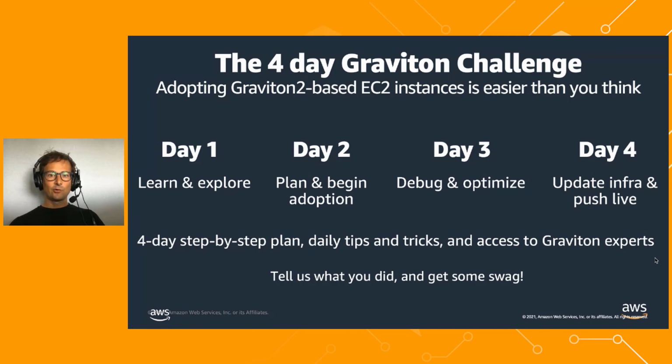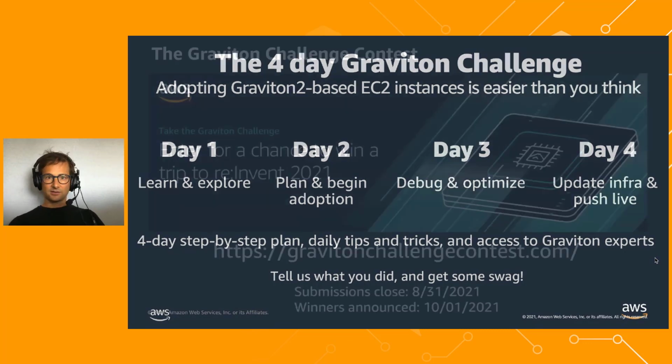And on day 4, you will update your infrastructure and deploy your application. With that 4-day step-by-step plan, on top of that, you will get daily tips and tricks, and you will get access to Graviton Experts on our Slack channel. And at the end of the challenge, if you tell us what you did, you will get some swag.